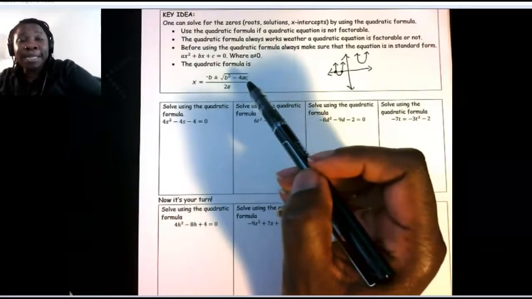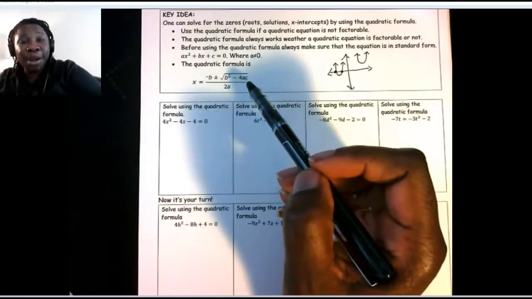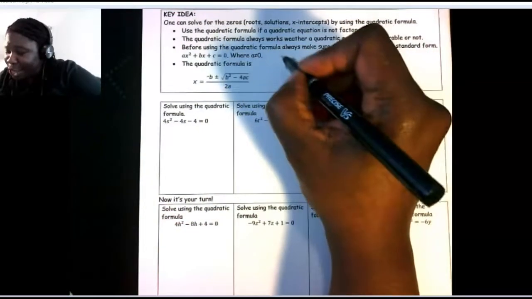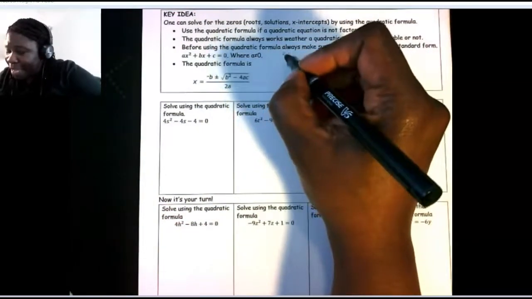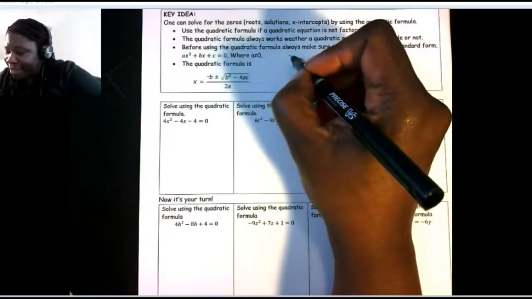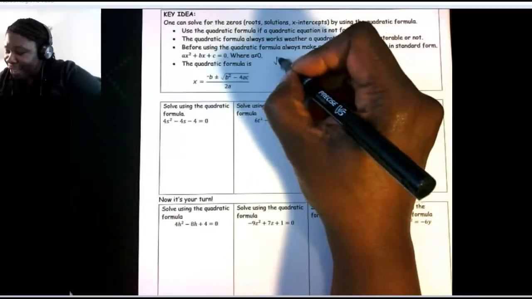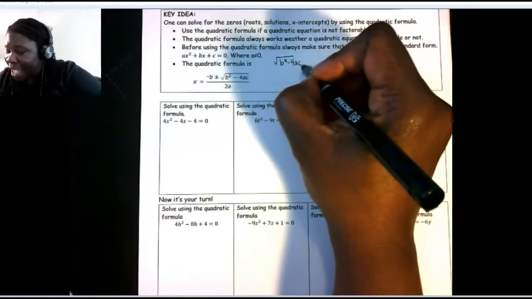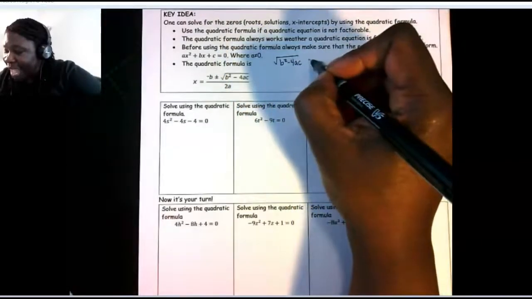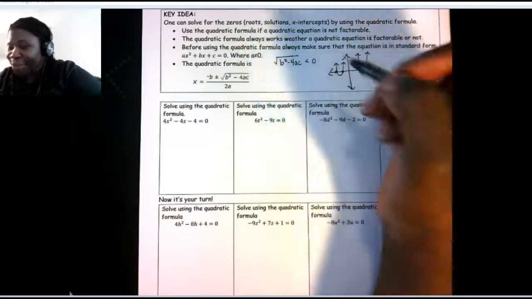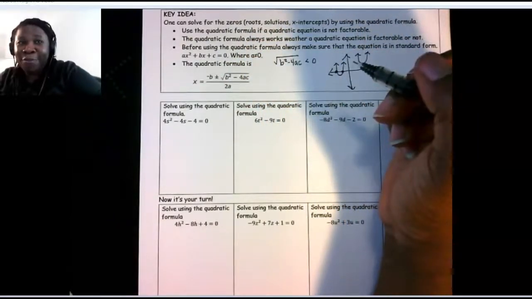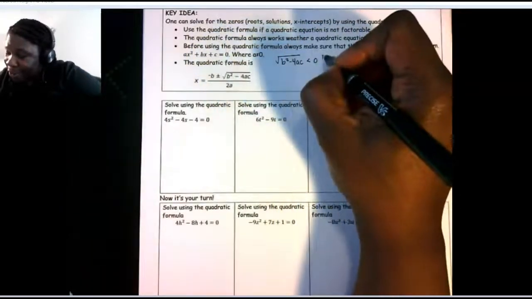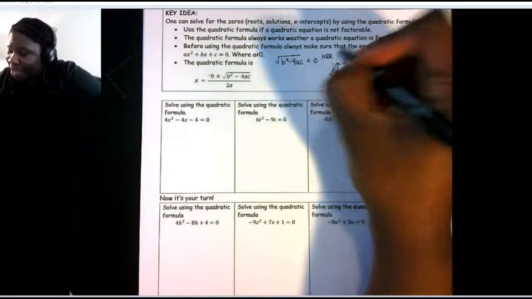And the determinant tells you how many zeros there are. So I'm just going to do a little crash course right here. If the determinant, b squared minus 4ac, is less than 0, then you have no real roots.